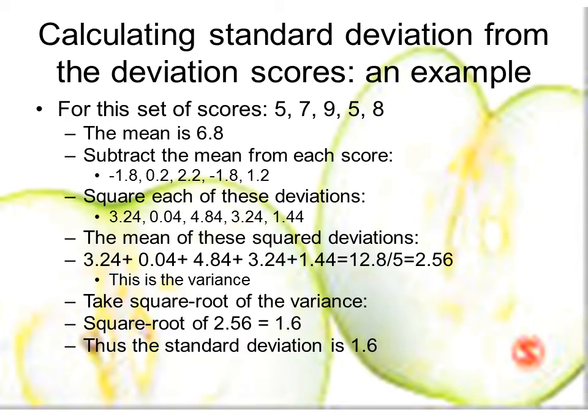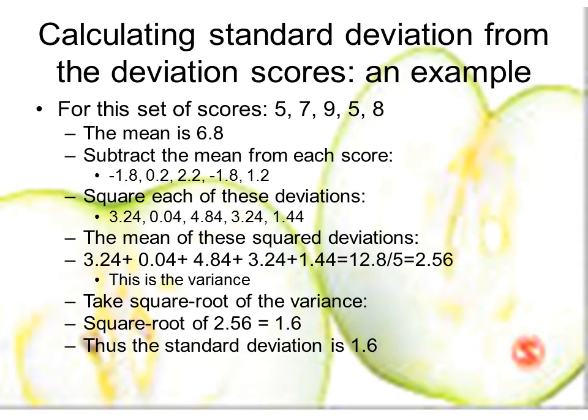If we look at this slide, for the particular set of scores that we've been discussing, we have 5, 7, 9, 5, 8. We already determined how to obtain the mean of those scores, meaning we total those and divide them by the total number. The total would be 34, and dividing by 5 brings us to the mean of 6.8.